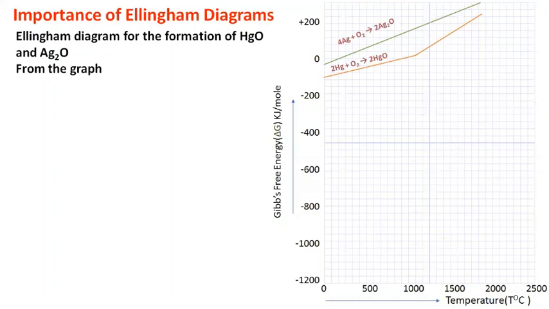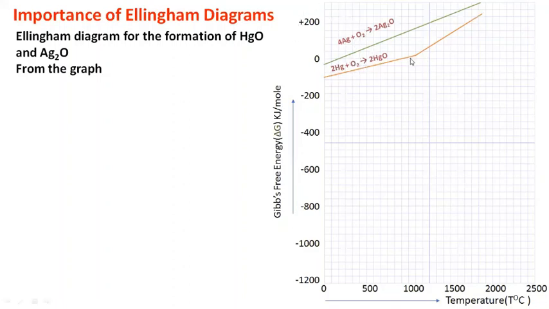Here, as the temperature is increasing, the graph shows that initially they have negative delta G values, around minus 100 and minus 50 kilojoules per mole. But as the temperature is increasing, the delta G values are becoming positive.